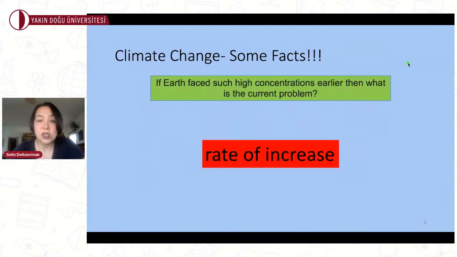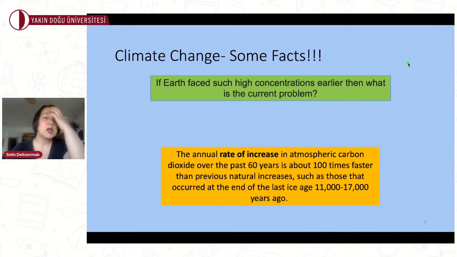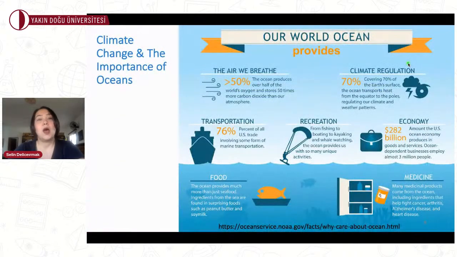The reason is actually the rate of increase. We are afraid that it increases at such a high rate. The annual rate of increase in atmospheric carbon dioxide over the past 60 years is about 100 times faster than previous natural increases.